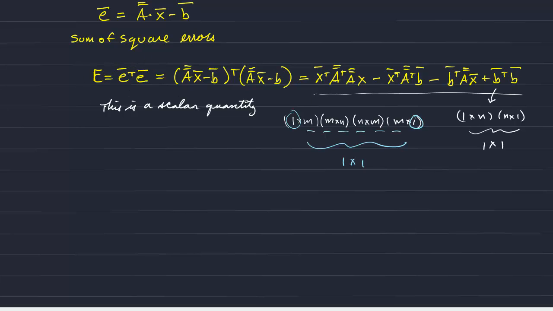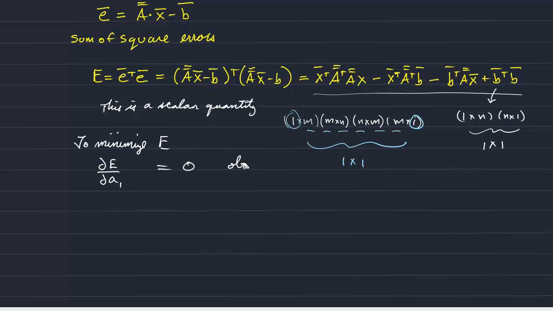And to minimize E with respect to, for example, the first coefficient, we're going to need to take the derivative of E with respect to A1 and set that equal to 0 and solve for A1.